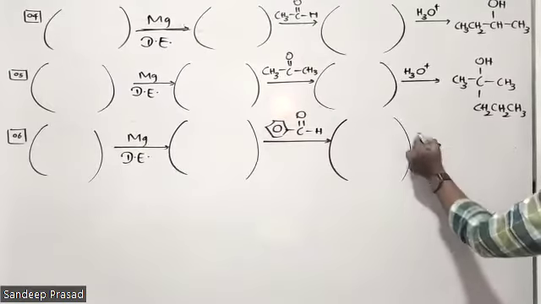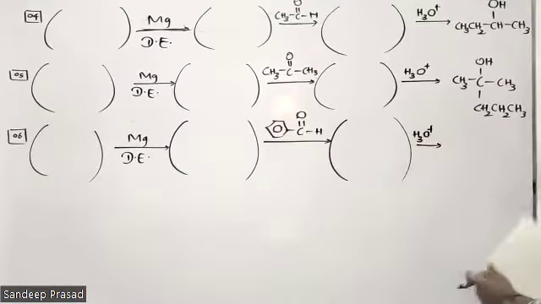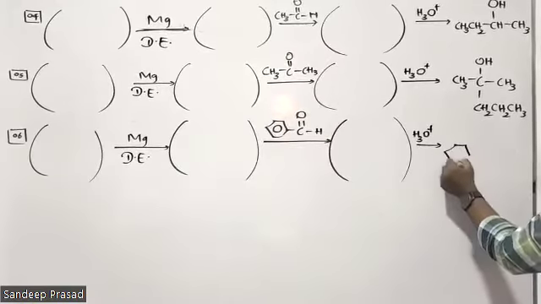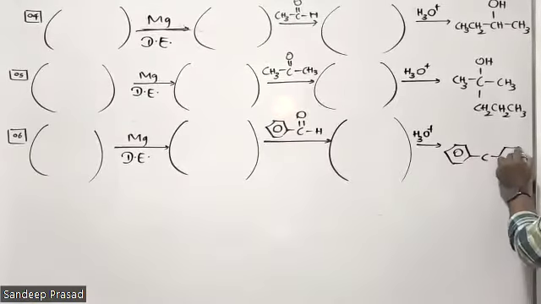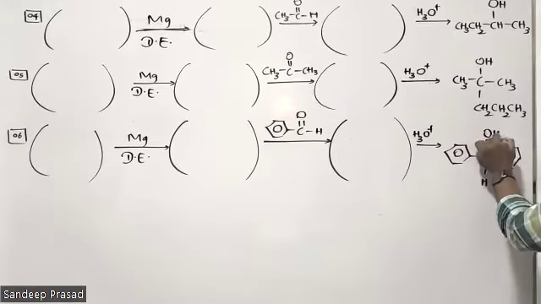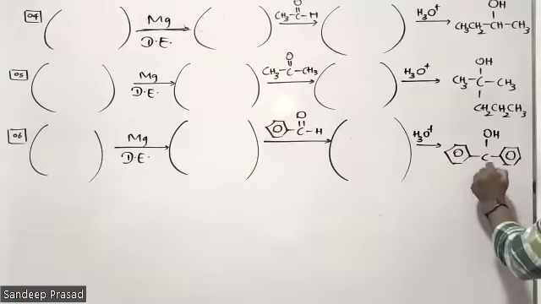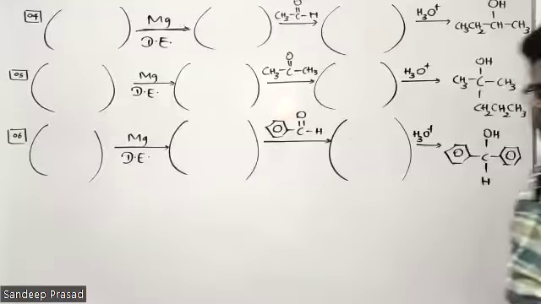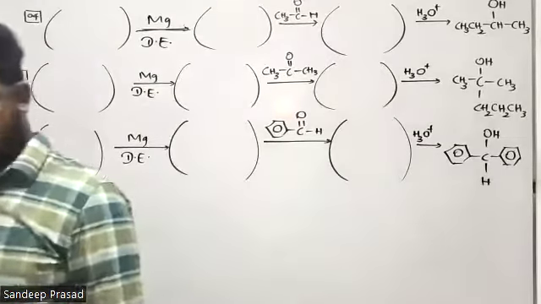Benzaldehyde is added. The final product is two phenyl groups connected to carbon in this way. Right. So here's the sixth one.